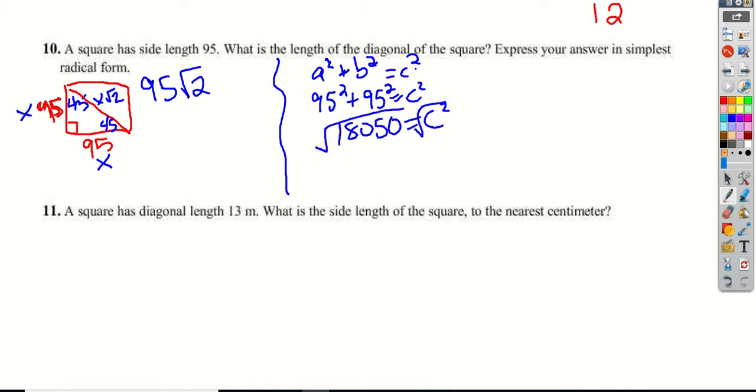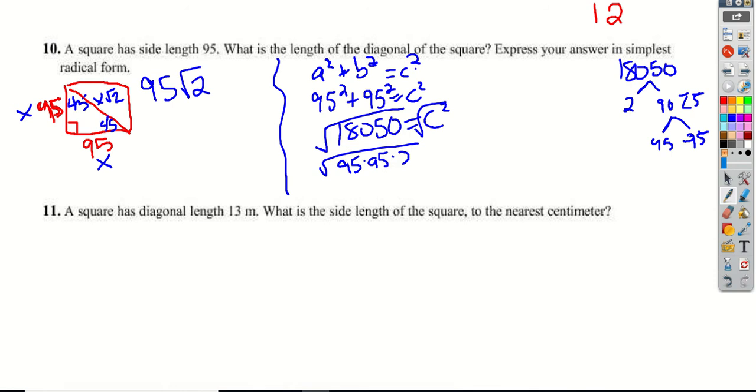Now, if you really break this down, it actually pulls apart kind of nicely. It's 2 and 9025, okay? And this was really just 95 times 95. So you can kind of see where this is going. So in the square root here, I get 95, 95, and 2.